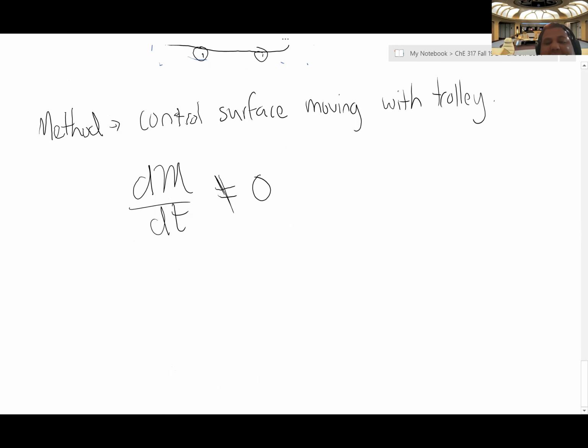And so this would indicate to me that acceleration is occurring in the system.